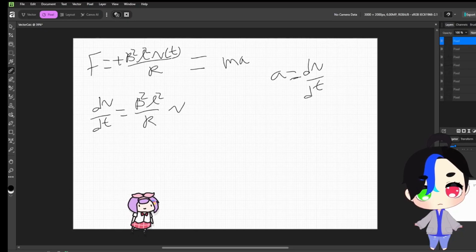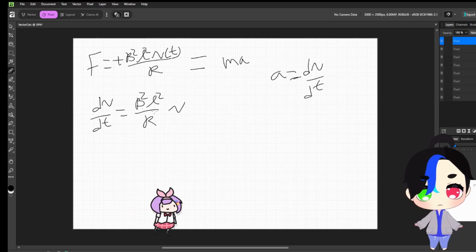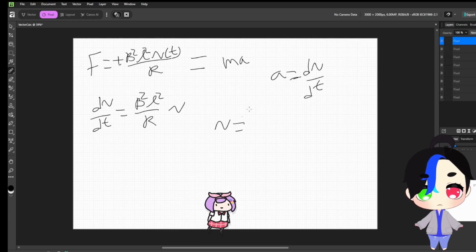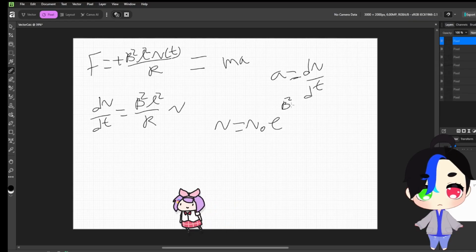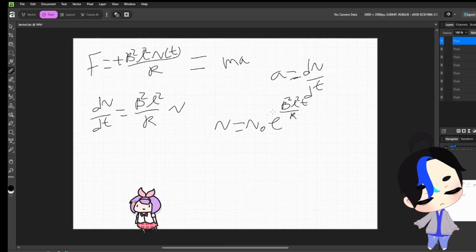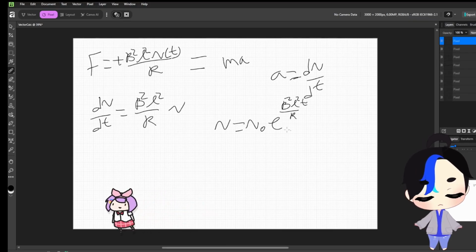So I'm gonna forego that for now and just solve this. So that becomes V equals V naught times e to the B squared L squared t over R, where e is Euler's number.